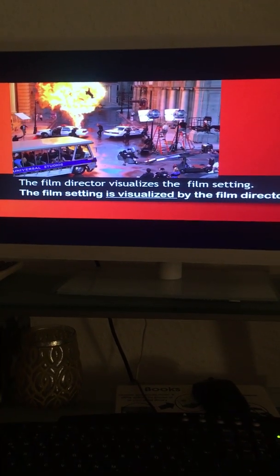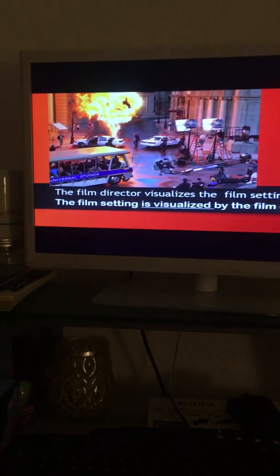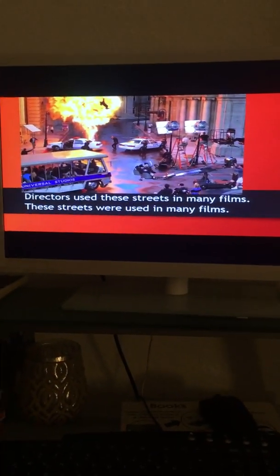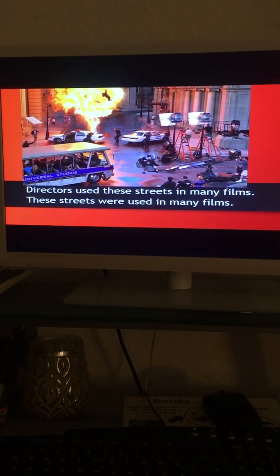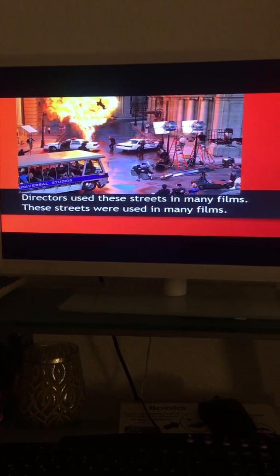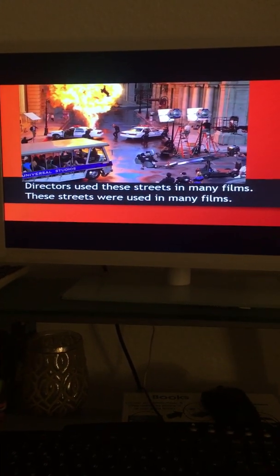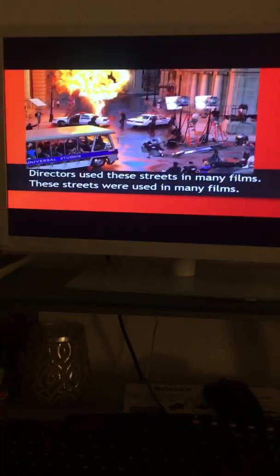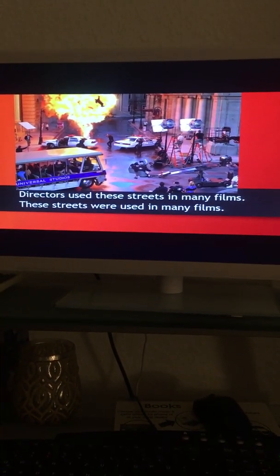Okay, this one is in the simple present. Let's look at the next one. Directors use these streets in many films. These streets were used in many films. Which of these sentences is the passive voice?